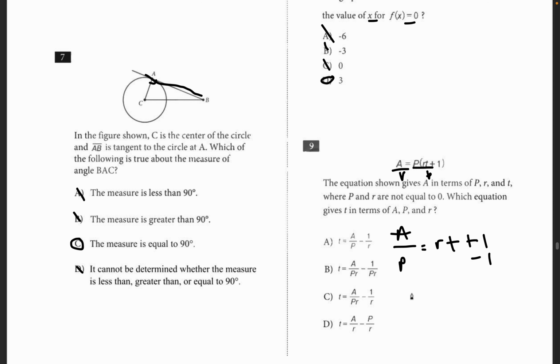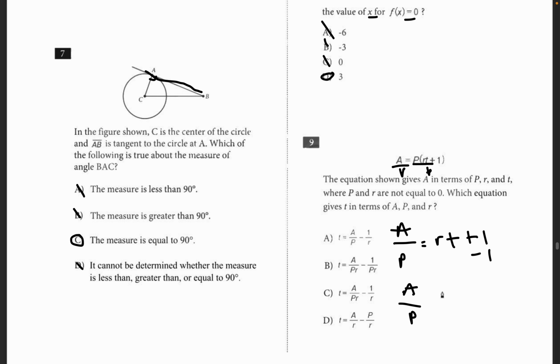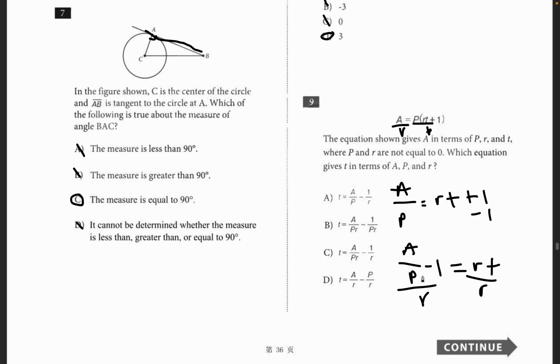Minus 1: A over P minus 1 equals rt, and divide by r. So it's going to be (A over P minus 1) over r. It's this one, I think. Yep.